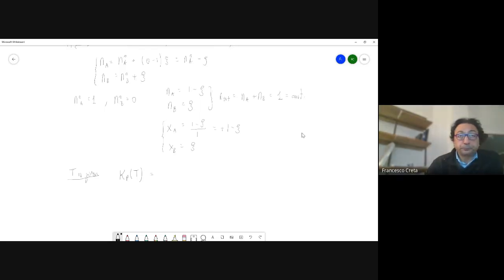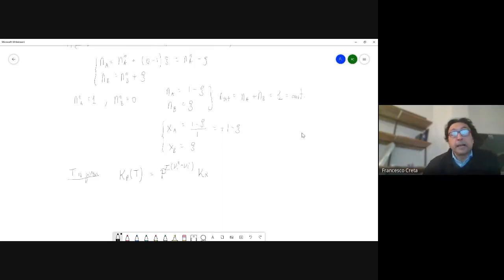Well, if you remember, we had a total pressure to the power of our usual difference, alpha, times what we called Kx, which is the product of all the mole fractions to the power of the difference of the stoichiometric coefficients.